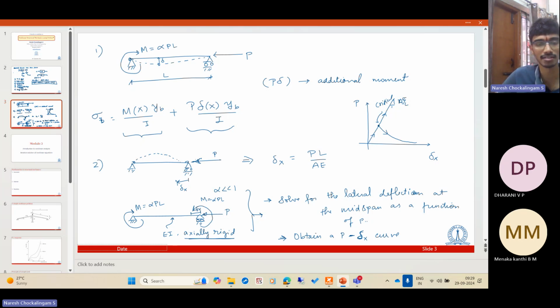You can do this. There's not anything to do with coding or structural finite elements. This is just a conventional strength of materials problem with a slightly nonlinear effect of P. When you solve this problem, you will get a solution like this. One solution is the beam remains straight, in which case there will be no delta x because it is rigid. Beyond some point, it undergoes buckling.